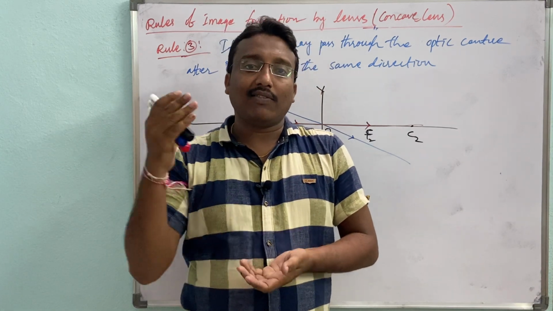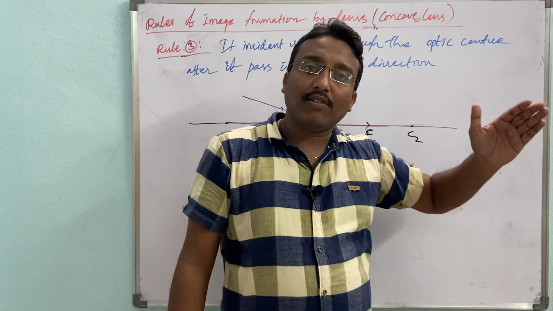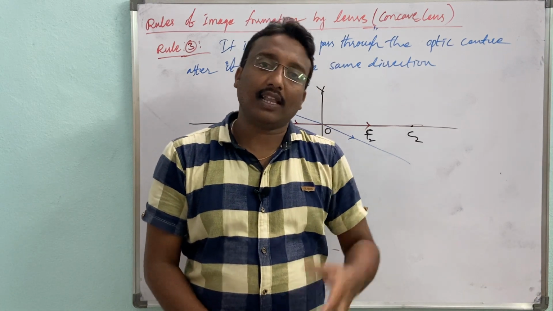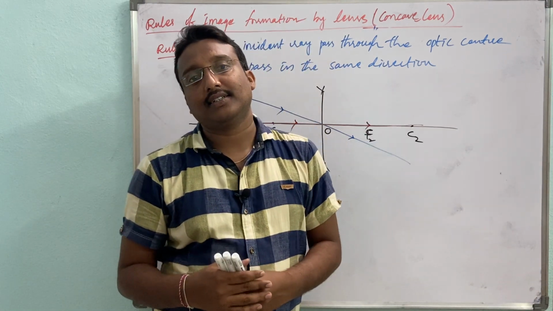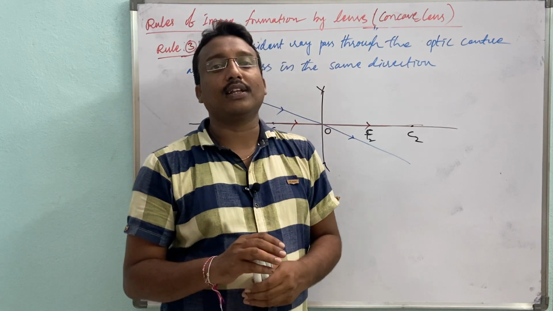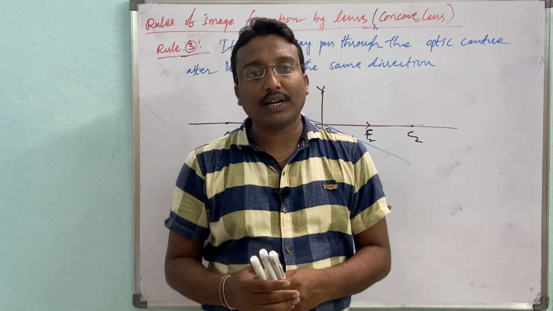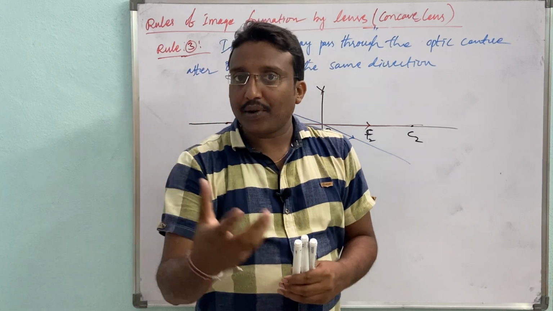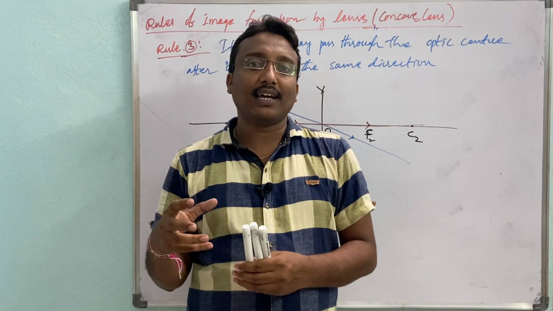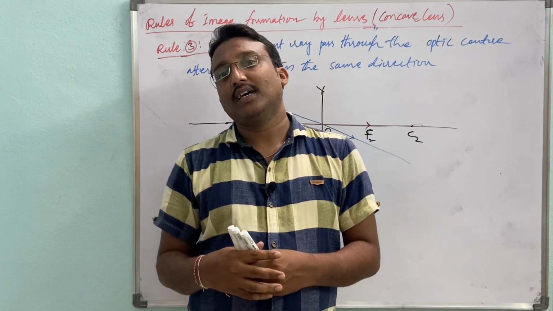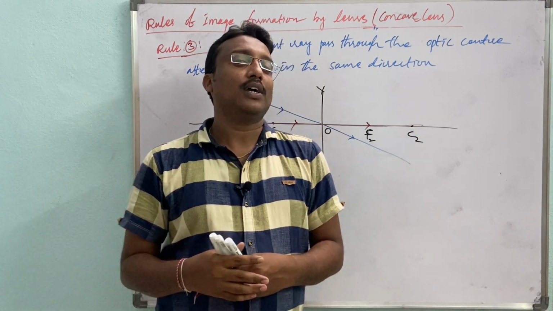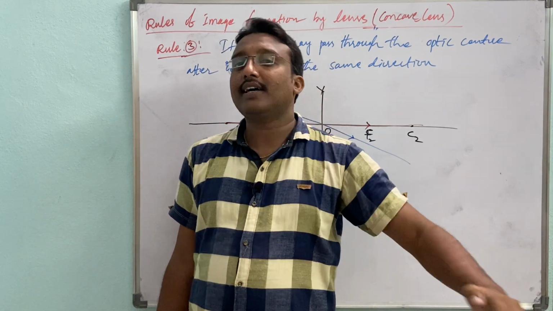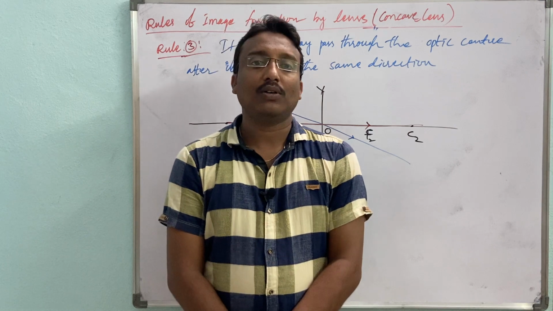And third rule: if it passes through the optic center, it travels undeviated, in a straight direction, in its same direction. Got it? These three rules are very important. To keep them in your mind while drawing ray diagrams, out of these three rules, we follow any two rules to complete the ray diagram. So thank you.